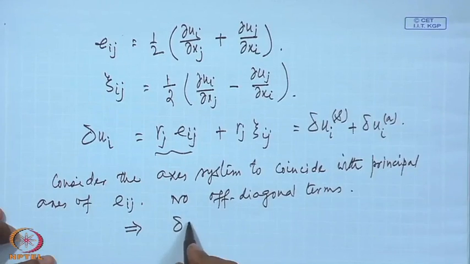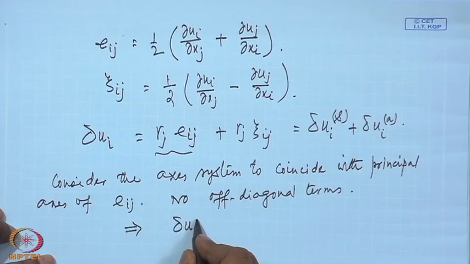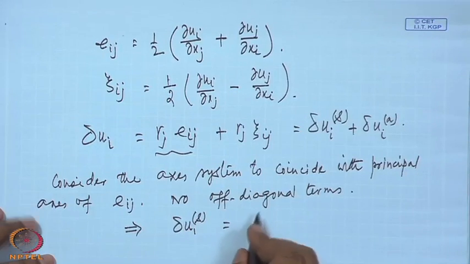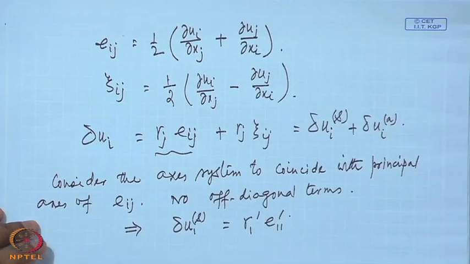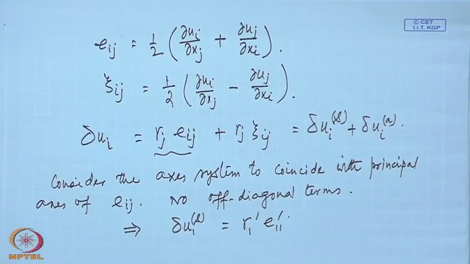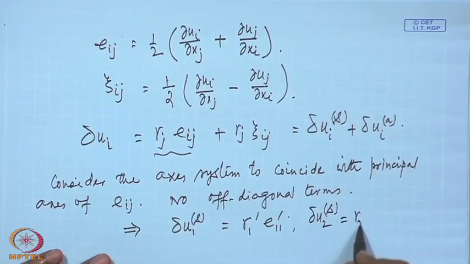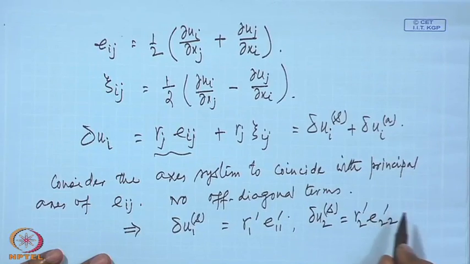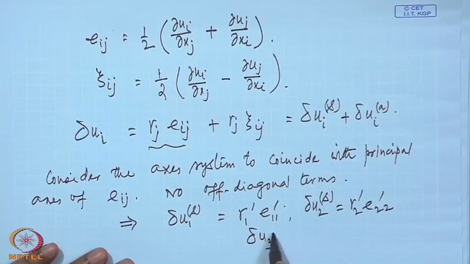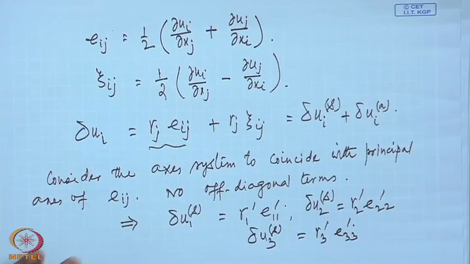Delta u_1 will be simply r_1 prime e_11 prime. Similarly, delta u_2 will be r_2 prime e_22 prime, and delta u_3 will be r_3 prime e_33 prime. That is all.